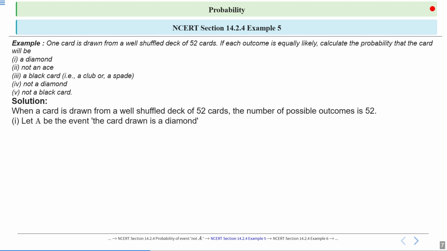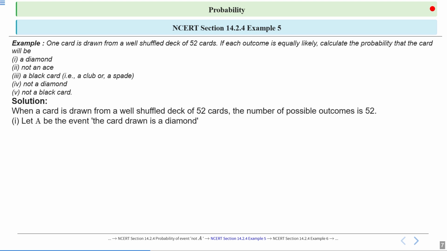And now we let A be the event: the card drawn is a diamond. So we first take the event, that the card drawn is a diamond. Suppose you have drawn a card from a well shuffled deck of 52 cards and that card is a diamond. So this is our event.